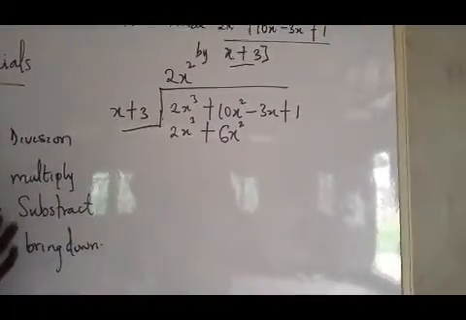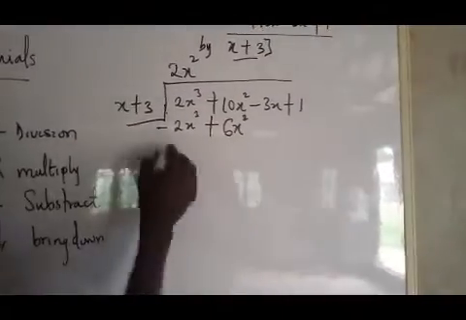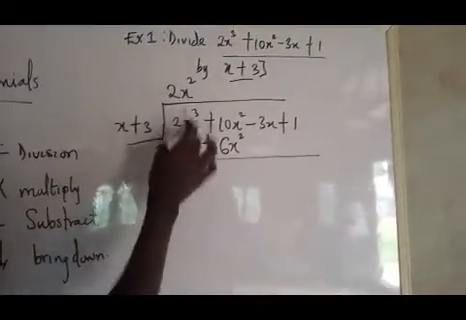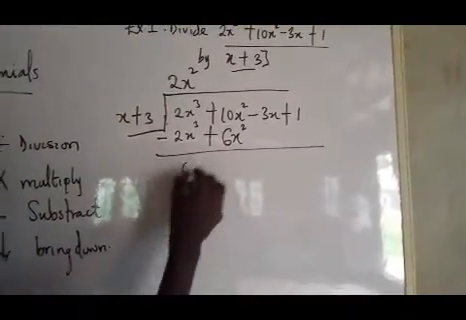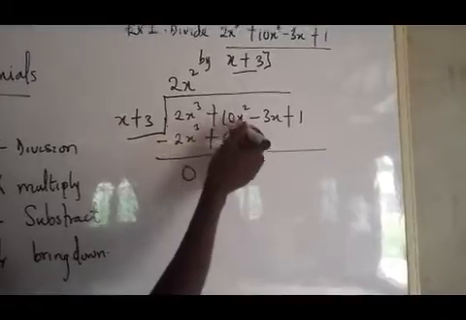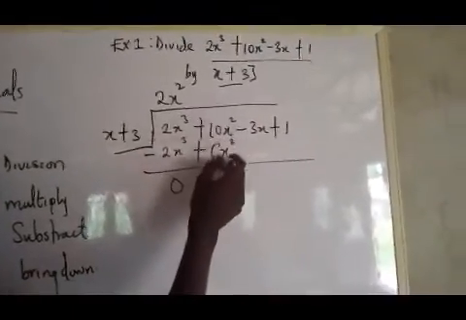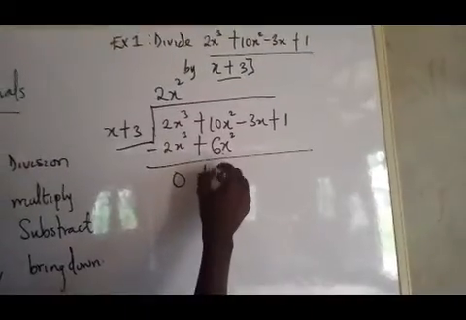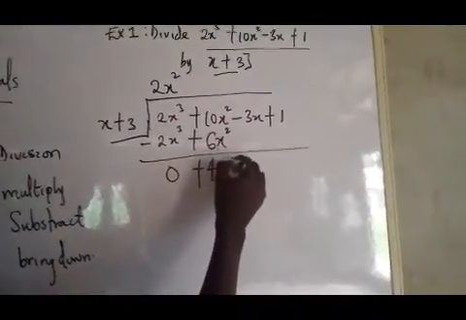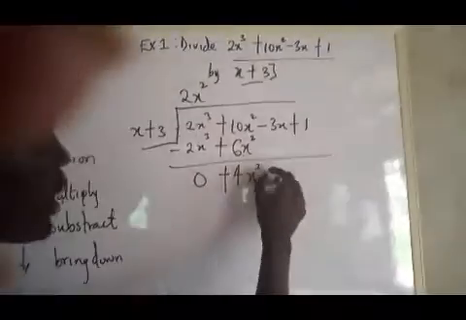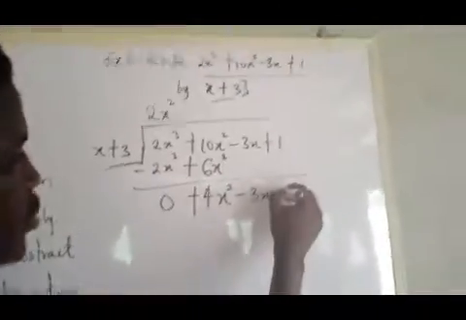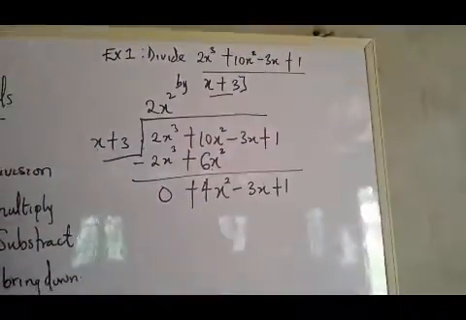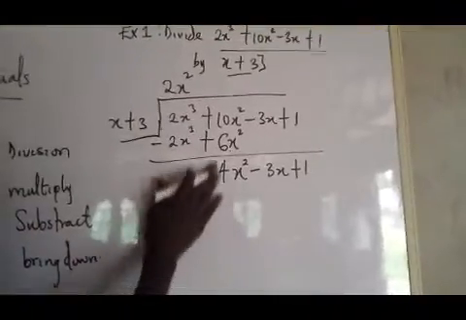After that, subtraction. This will become 0. 10x squared minus 6x squared will give you plus 4x squared. Then bring this one down, minus 3x, bring this one down, plus 1. Do you understand the process now? So this one is out.